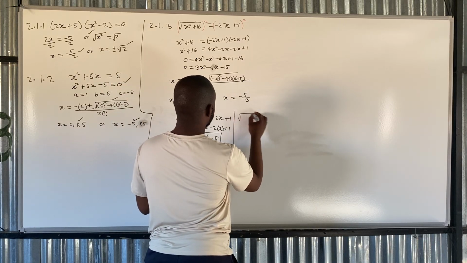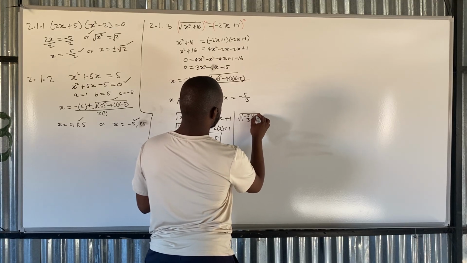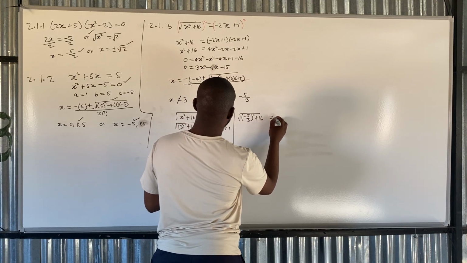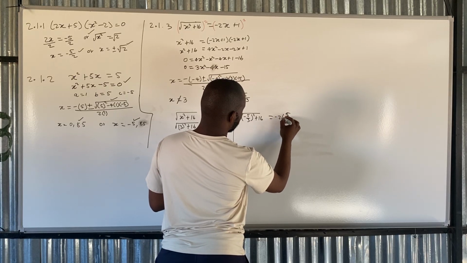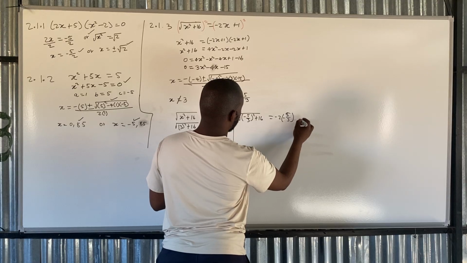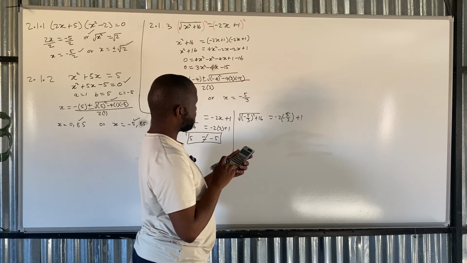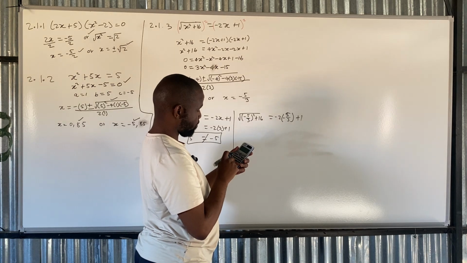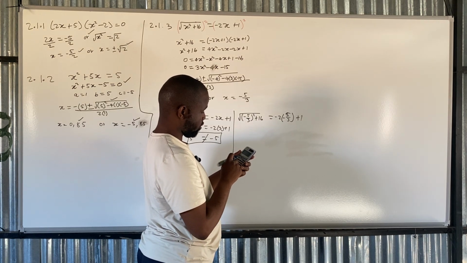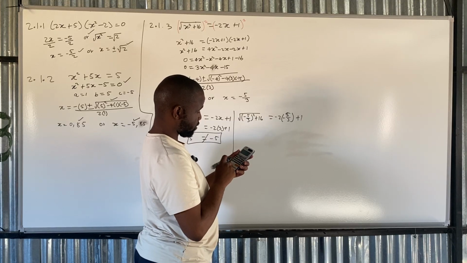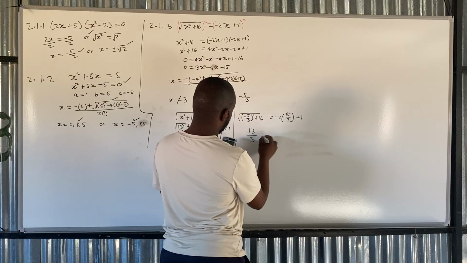If my x is negative 5 over 3, the square root of negative 5 over 3 squared plus 16 is equal to negative 2 into negative 5 over 3, plus 1. Now, checking that one, the square root of negative 5 over 3 squared plus 16 gives me 13 over 3.